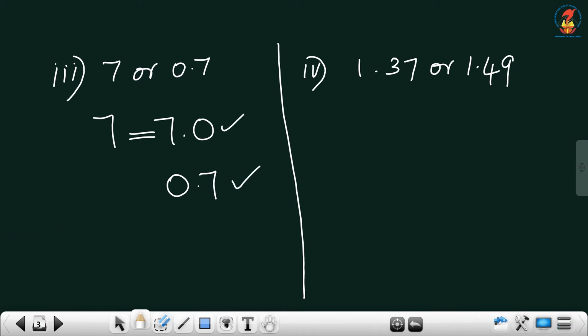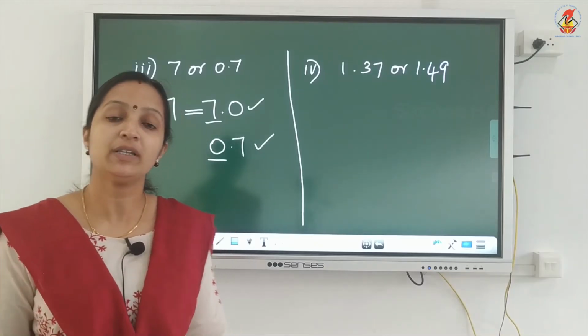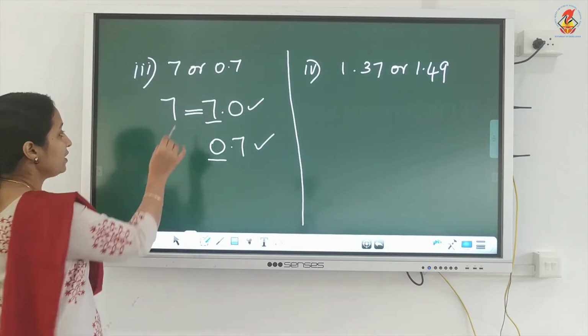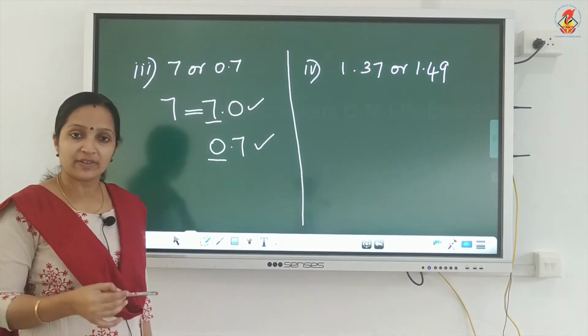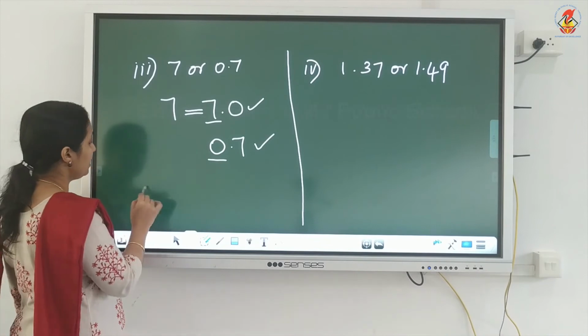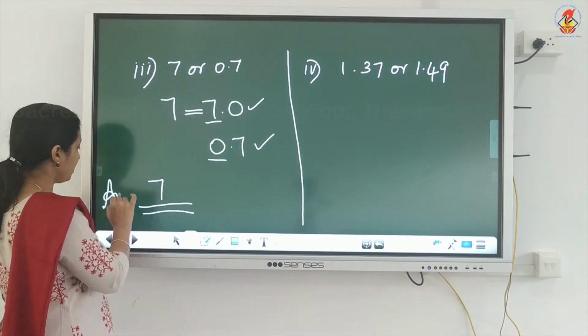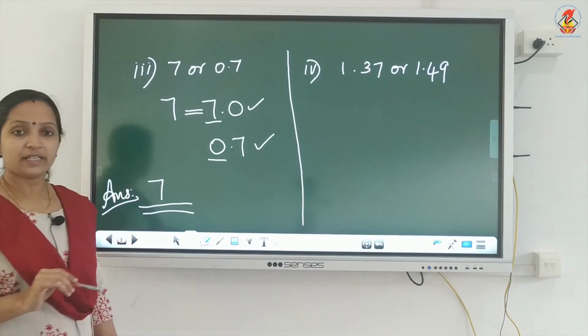If it is like decimal, you start looking from the whole number part. Here it is 7, here it is 0. The number having the greater whole number part will be the greatest number. So here 7 or 0, which one is greater? 7 is greater. So we can say that 7 is greater than 0.7. So what is the answer here? 7. This is clear children.